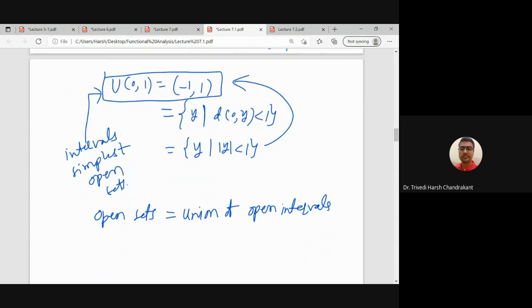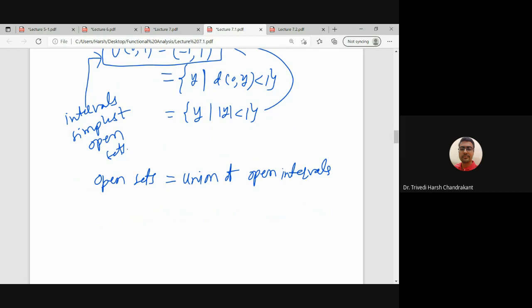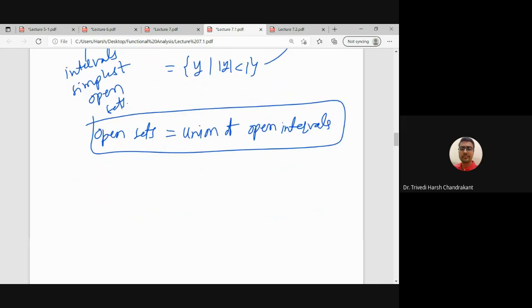Every point is an interior point in that set. That means basically it is a union of interior points, meaning around every point we can find a neighborhood. So basically that set is a union of neighborhoods, which means it is a union of open intervals. So the same thing is generalized in topology. What is topology?